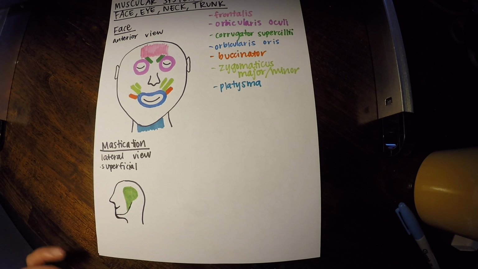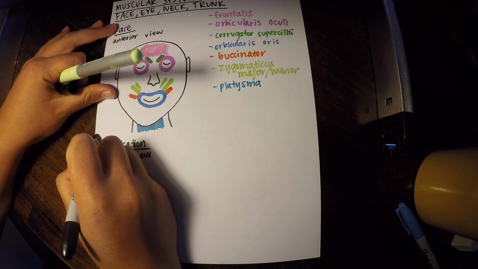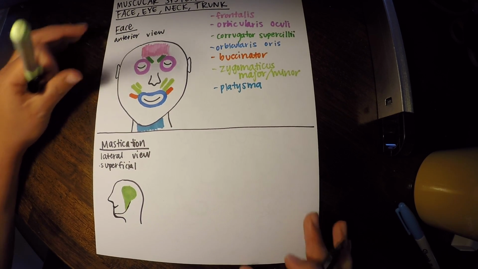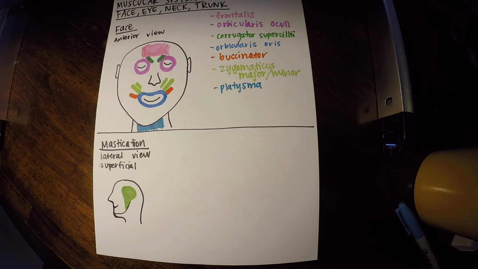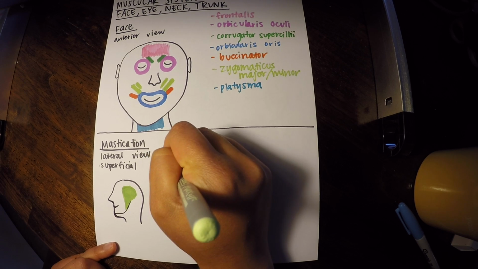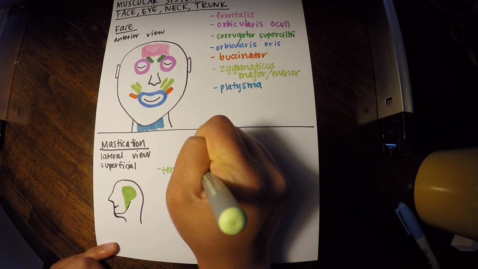And just to make sure we don't mix things up, because I'm using some of the same colors, I'm going to draw a line right here to separate our face from our muscles of mastication. And in addition to temporalis, we're also going to have a muscle called masseter. Since we're doing muscles of mastication, that's going to help with chewing as well. And I forgot to write the name temporalis. There we go.